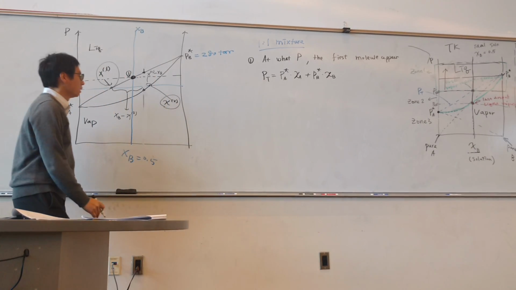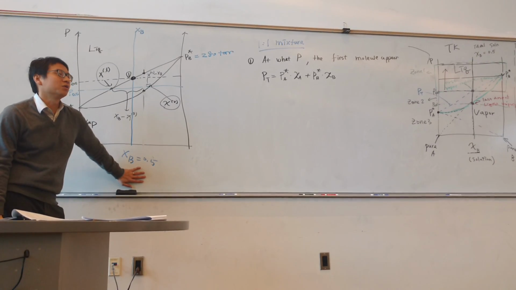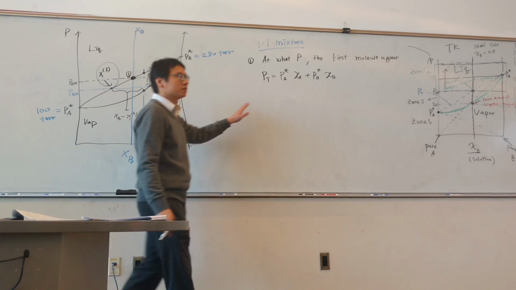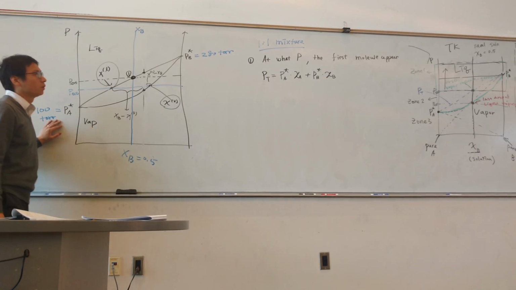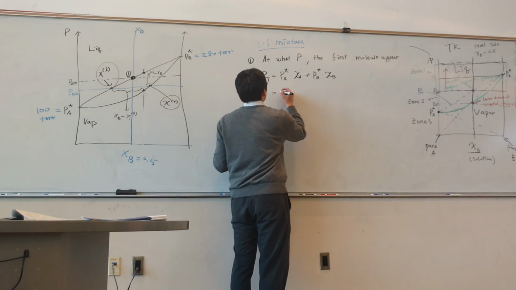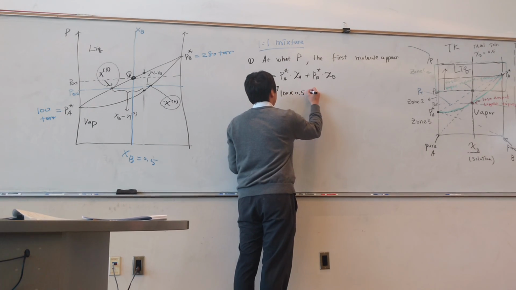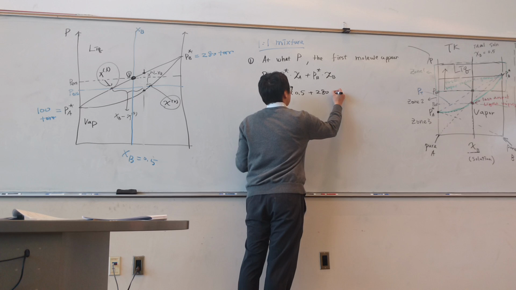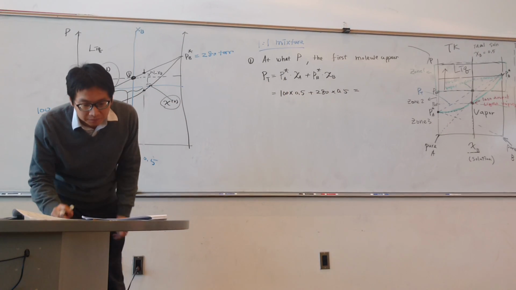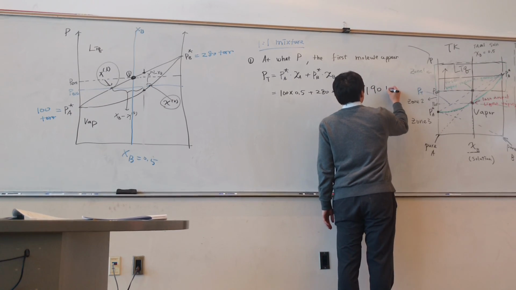And you know your XB is equal to 0.5, so your XA equals 0.5 as well. Your PA star is 100, and your PB star is 280. So it equals 100 times 0.5 plus 280 times 0.5. And this gives you a number of 194.